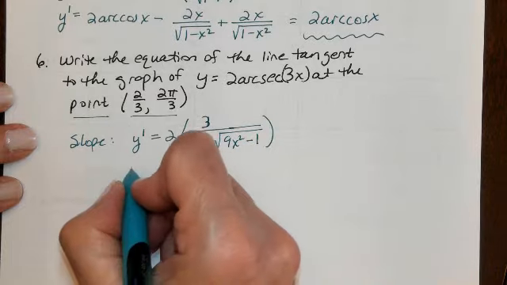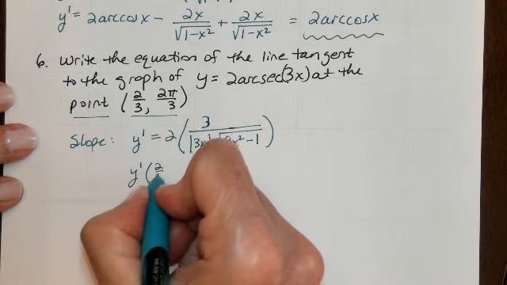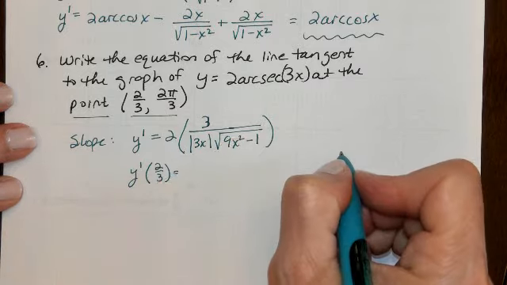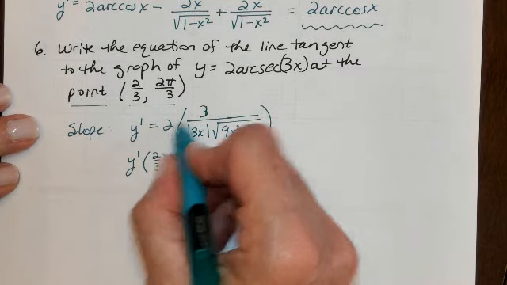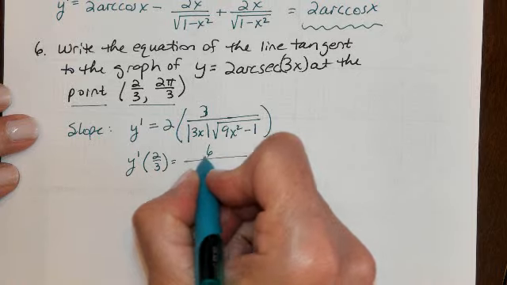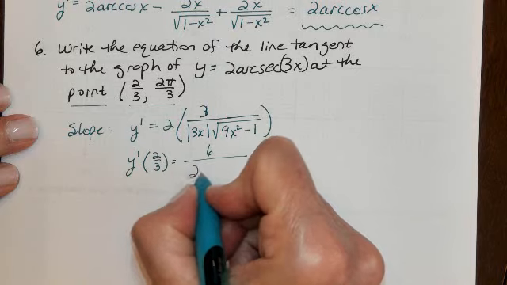Okay, now we're going to need to put in 2/3 for x, right? We're putting in 2/3 for x. So this will be 6 over, and then if I put 2/3 in for this x, I'm going to get just 2 down there.